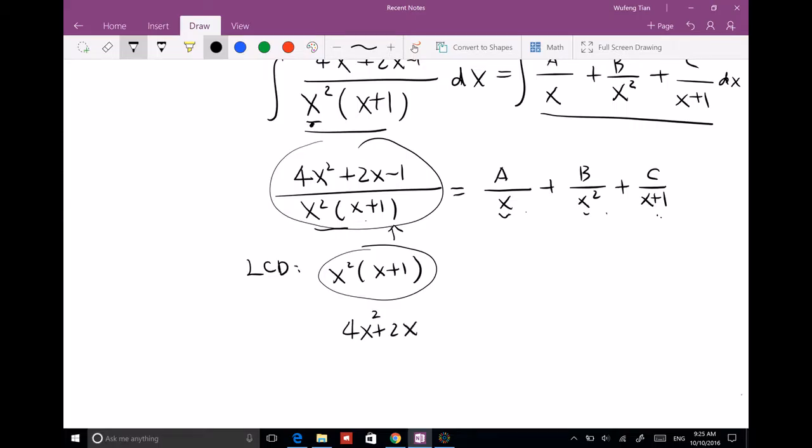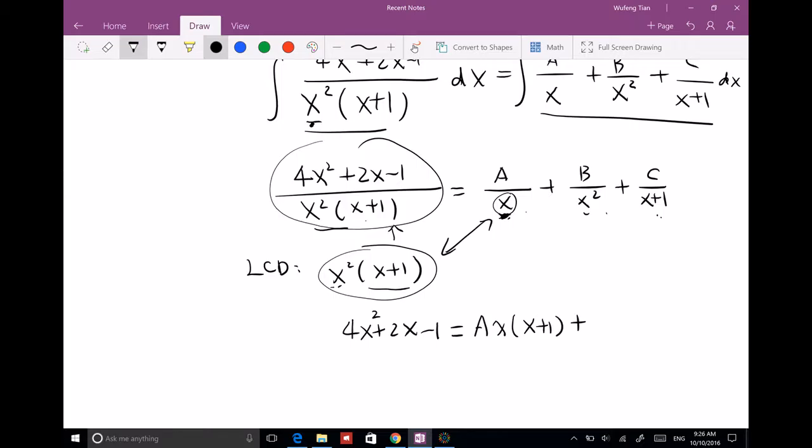Perfect. If I multiply the second one by the LCD, what do I get? Just x? No. A x squared and x cancel one x, right? So this x will cancel with the 1 over x squared here, so a times x plus 1 remains, right?